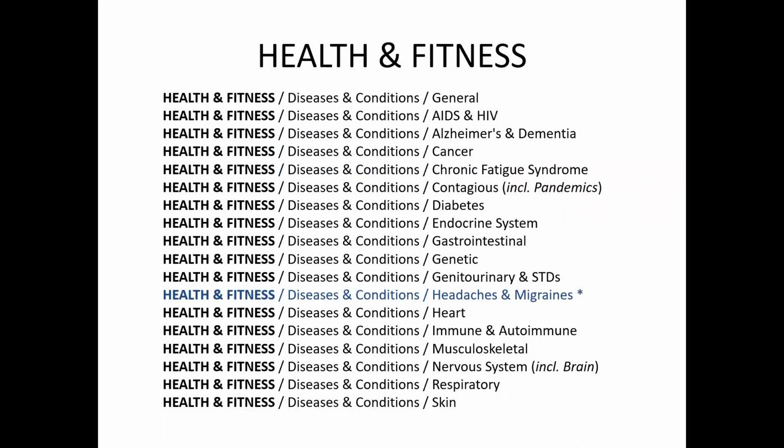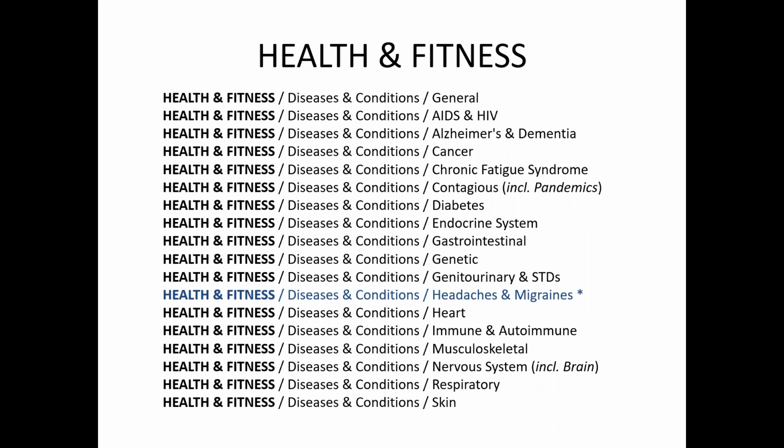Health and fitness had quite a lot of changes, as you saw on the previous slide, but mostly it had these changes because we had a tree for diseases, and we changed that tree to diseases and conditions. We wanted to add a heading for headaches and migraines.